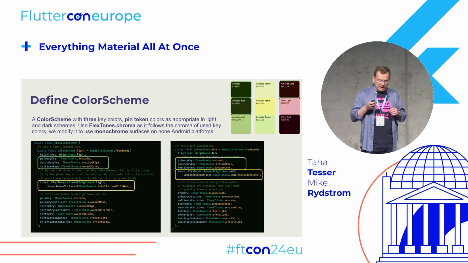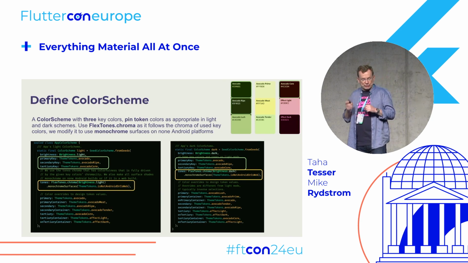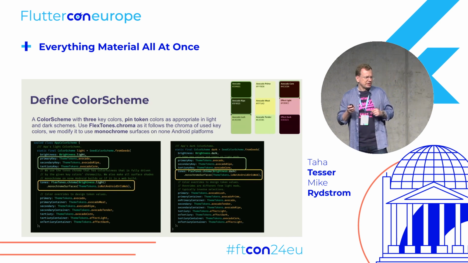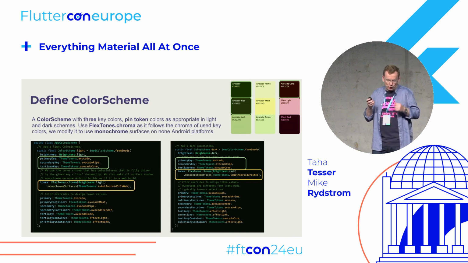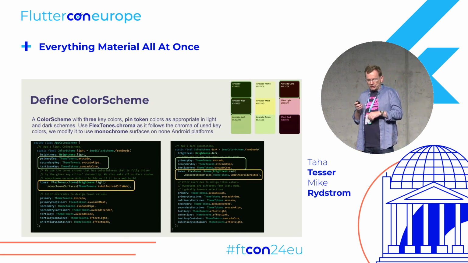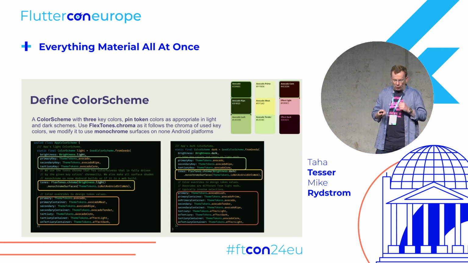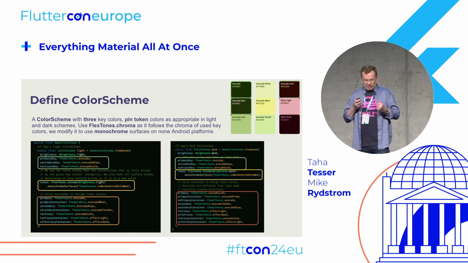When we are on non-Android, we are going to do monochrome surfaces, so we don't have any color tint in it. Because color tint on anything other than Android looks like, what are all these tinted colors? Maybe you don't want that. Maybe you do. Another thing you need to do is to pin all these color values that we had to the overrides. This can be a little bit tricky to figure out sometimes, what you need to do and where they fit, but I'll show you a little trick.